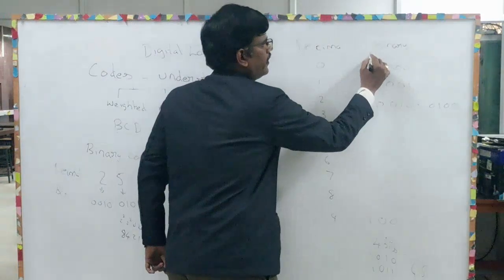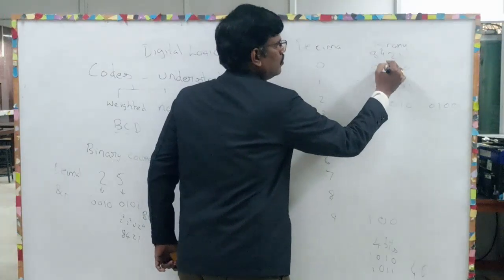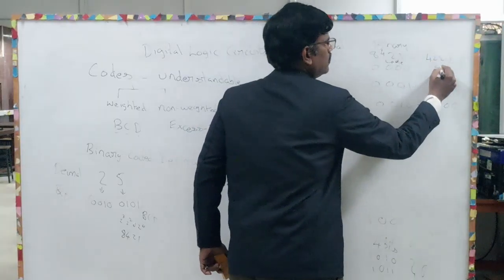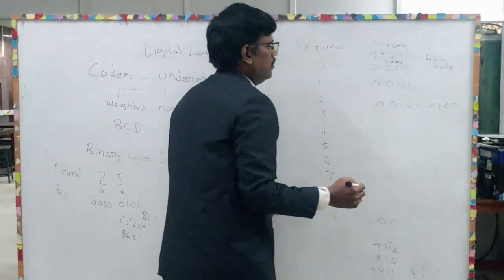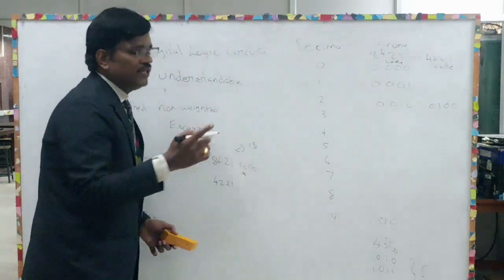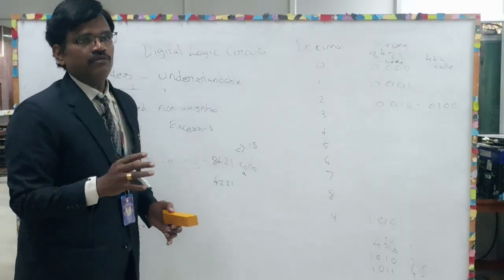This is the 8421 code, whereas this is going to be the 4221 code. So, we can have 2 combinations.